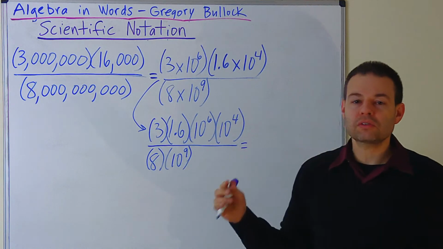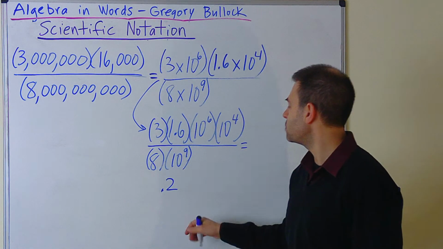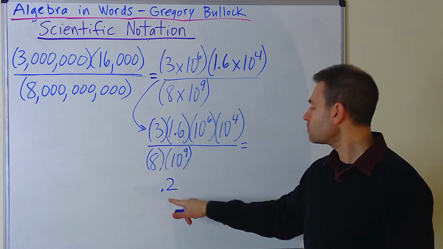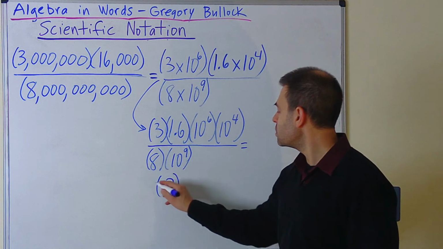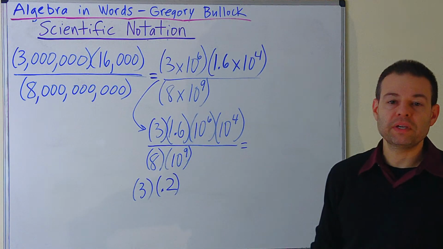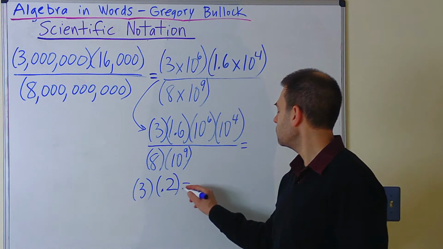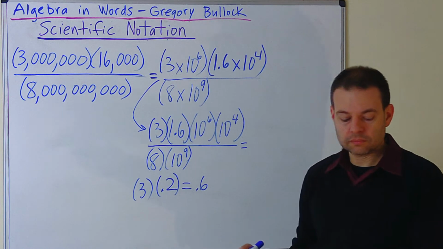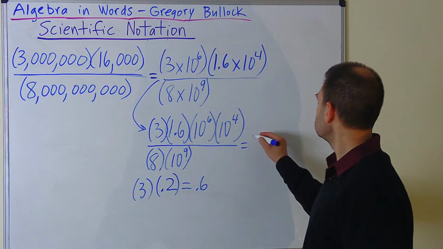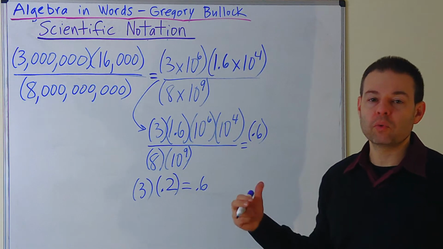I'll write it here. 0.2. 1.6 divided by 8 is 0.2. And now, since we have 3 from here, multiply the 3 times the 0.2, and you should get 0.6. So I'm going to write over here 0.6, and we'll save that and then write what we get next.